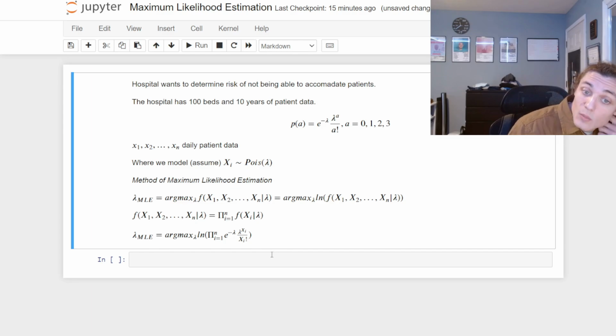All right. Well, if you remember from high school, which probably most of us don't, I know I don't, our log properties actually allow us to split this up really nicely into summations. So instead of big pi, we're going to use a big sigma here, and we're going to be able to break up this product and this quotient. We're going to have ln of e to the negative lambda plus ln of lambda to the xi minus ln of xi factorial. And that's just a product of the properties of logs, right?